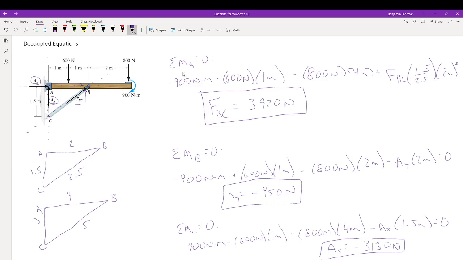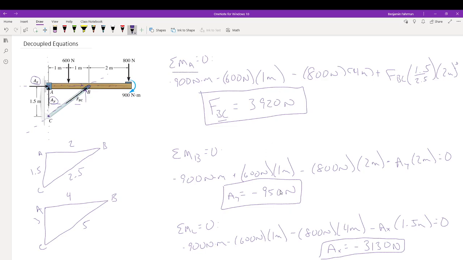Like if we messed up this equation, got the wrong value for FBC, if we sum forces in the X and Y directions, then the wrong value for FBC is going to make these other values wrong. If we get an equation for all these unknowns in terms of just the known values, then that error propagation doesn't happen.